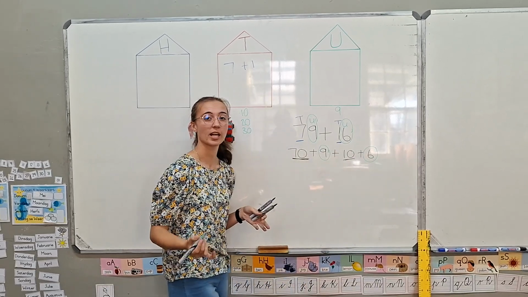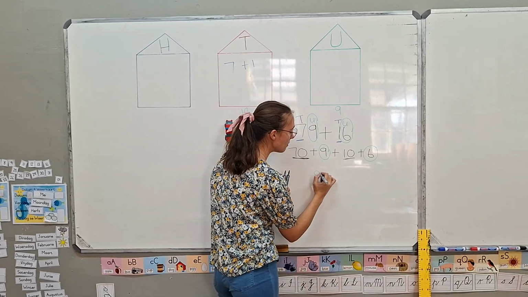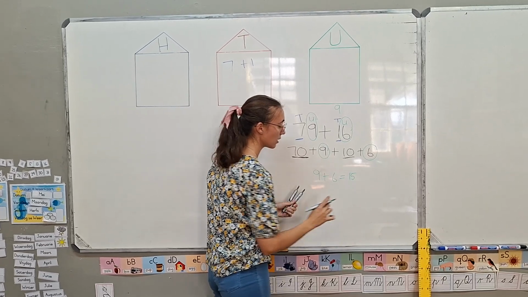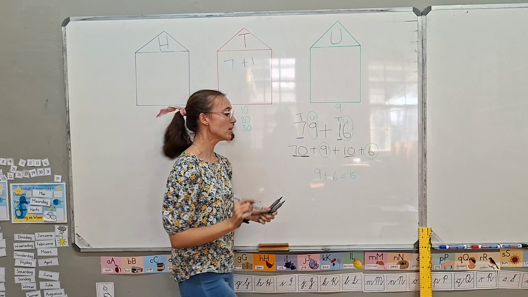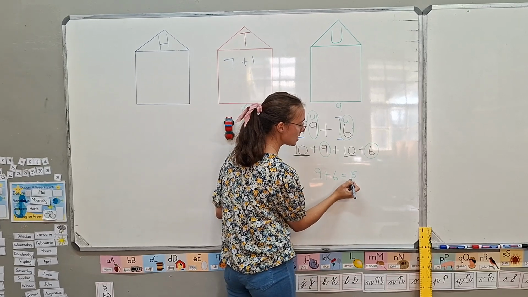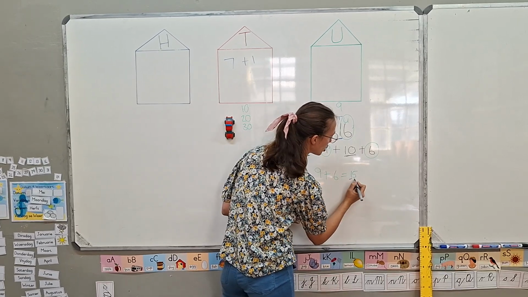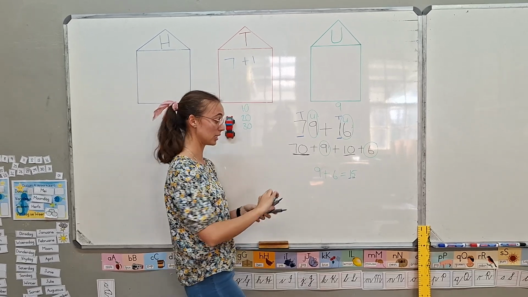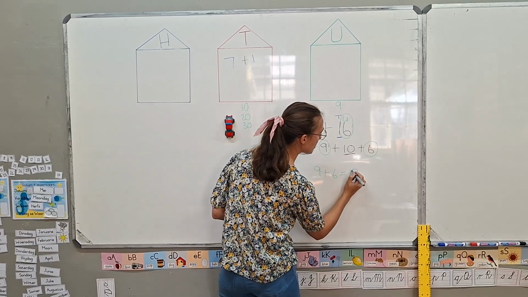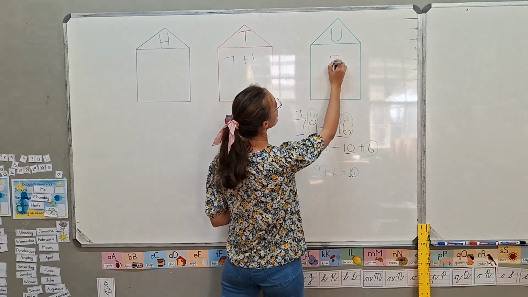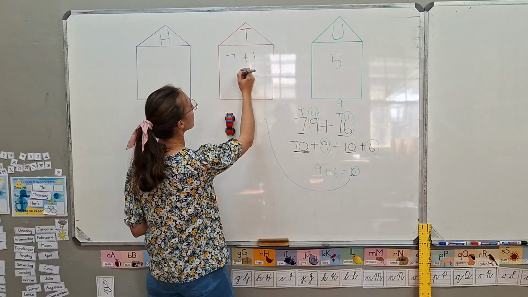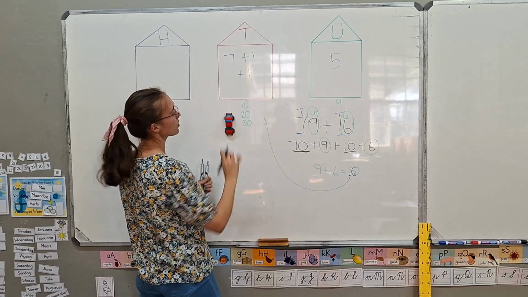What is 9 plus 6? 9 plus 6 will give you a total of 15. But there's a catch. In that 15, there's a 10 and there's another unit. So we're going to take only that unit to the unit house, and that 10 will go up to the tens house.